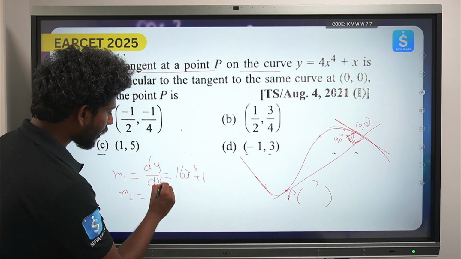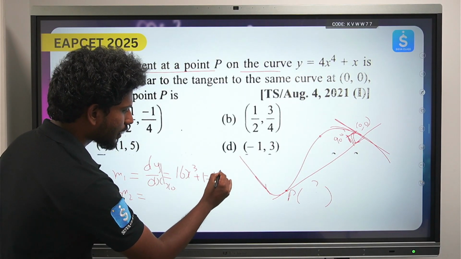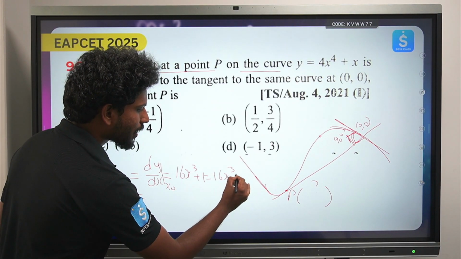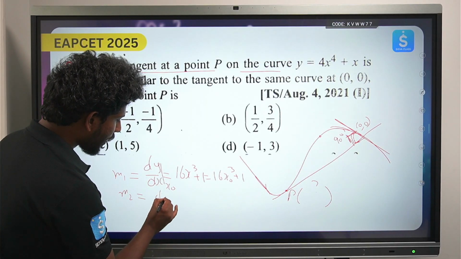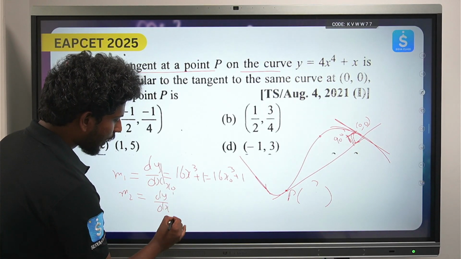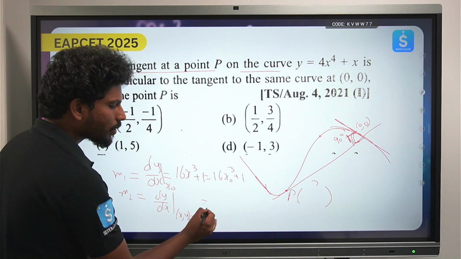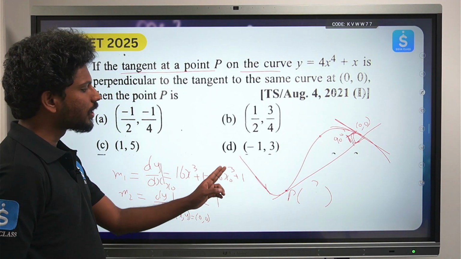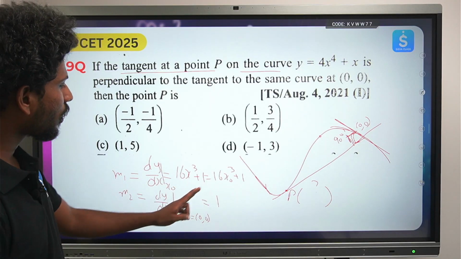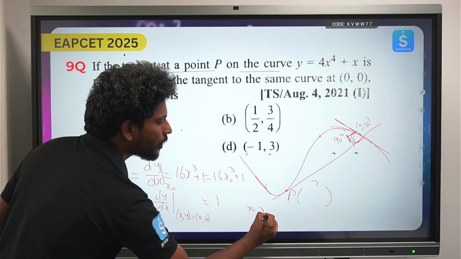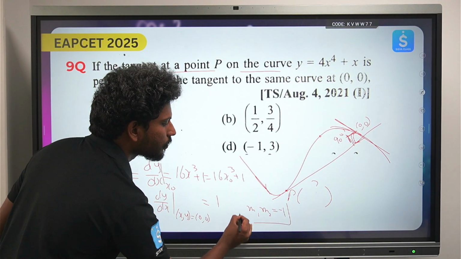But if you substitute the slope at (0, 0), then m2 at x naught becomes 16x naught cube plus 1. But dy by dx at (x, y) equals (0, 0) will be just 1. So if you take the product of these two, m1 into m2 equals minus 1.